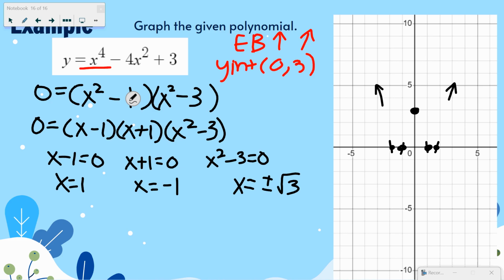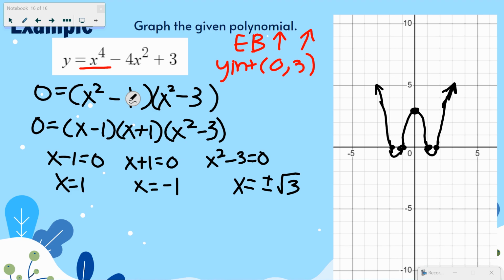And because these are so close, they're going to have to turn around real quick to get right back up. So I know I'm going to turn around right here, turn around right here, and connect it. So it looks kind of like this little W, right? And is my graph perfect?